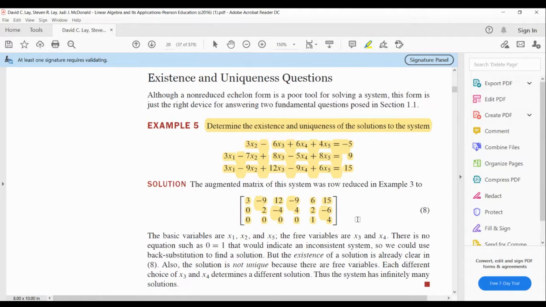When this row reduced form of the matrix is shown, is this echelon form or reduced echelon form? That's right, very good. That's an echelon form. So getting the matrix in echelon form is enough to tell you what your basic variables are going to be and what your free variables are going to be.